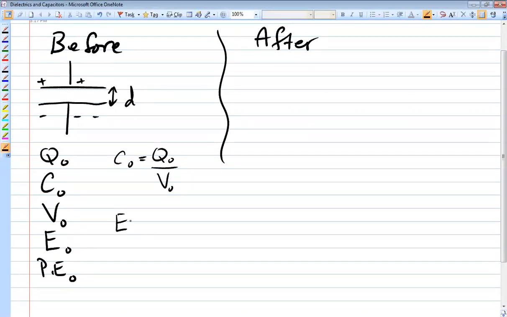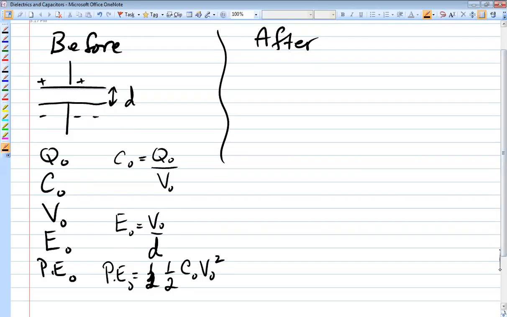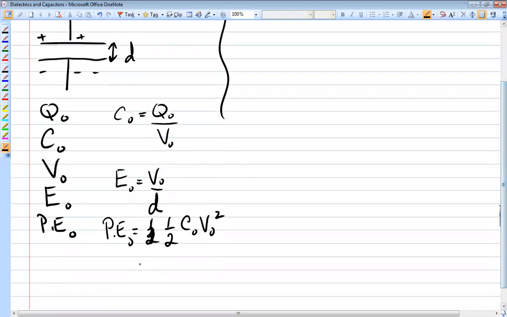The electric field between the plates is the voltage over the distance between the plates. And for the potential energy, we have two formulae we can use: one half C0 V0 squared, or, depending on what we know, one half Q0 V0. Those are actually the same formula.